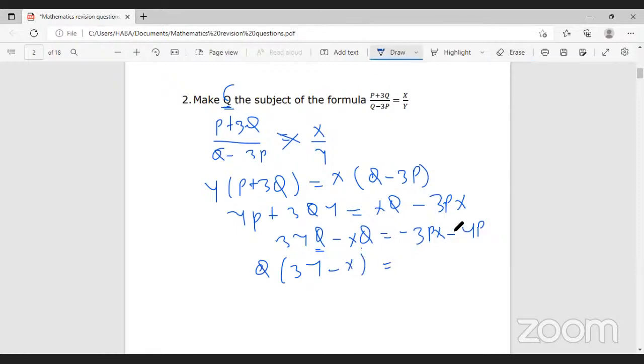And then this we can as well factorize out a negative, so that we have it as minus p times (3x plus y)... then plus yp, minus 3p. So I've taken the negative outside, so that is why these inside ones have changed to positive.